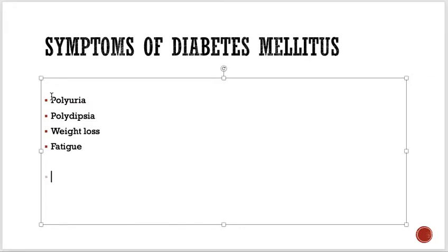And of course, patients can present with the complications of diabetes mellitus. In long-standing diabetes, many patients can present with complications like cataracts. Cataract is when the lens opacity is increased, like simply blurring of vision, for example.